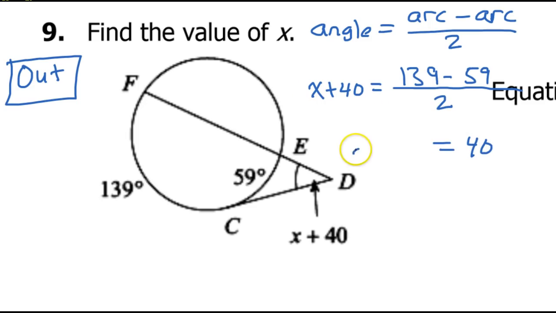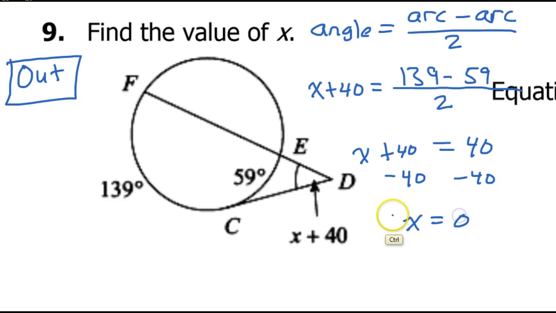Now on the left-hand side, we have x plus 40 is equal to 40. That's interesting, because when I subtract 40 from both sides, x is going to equal 0.